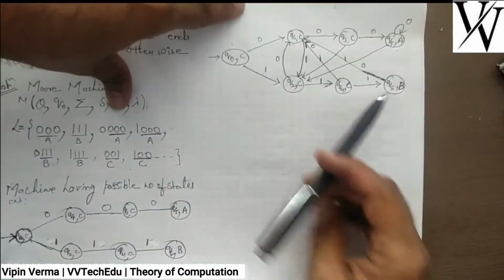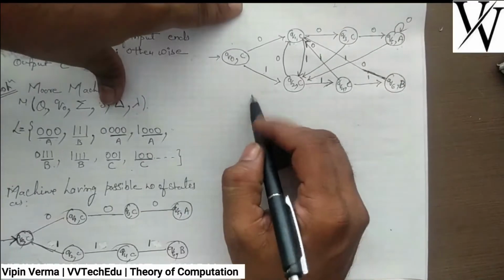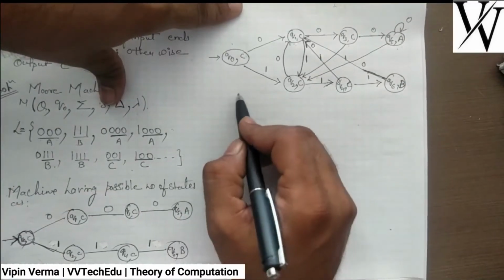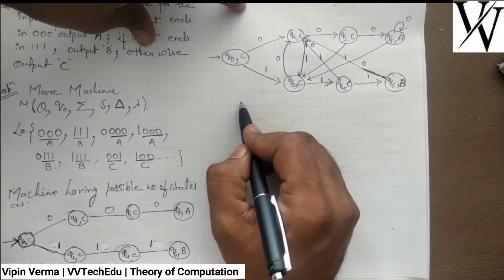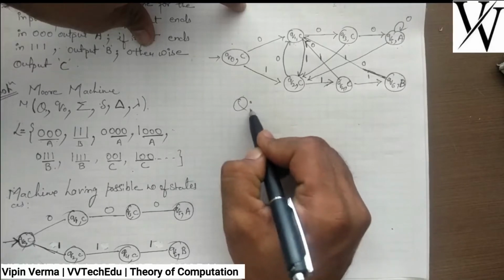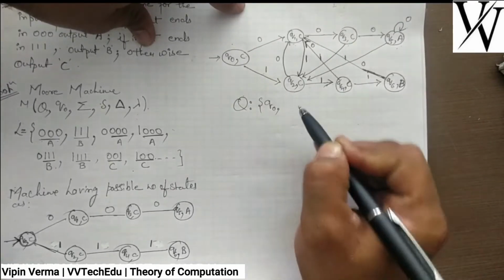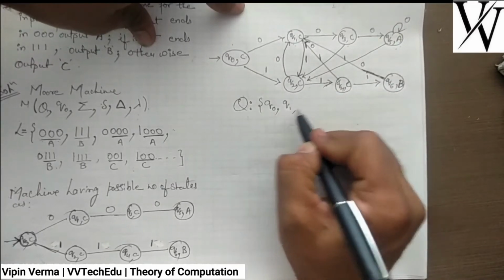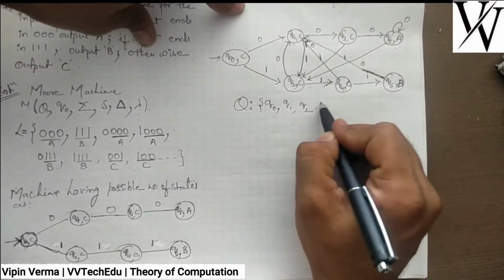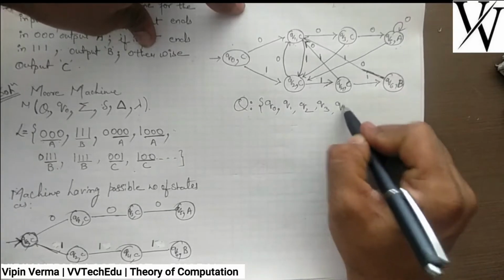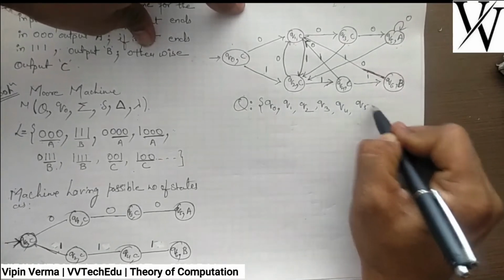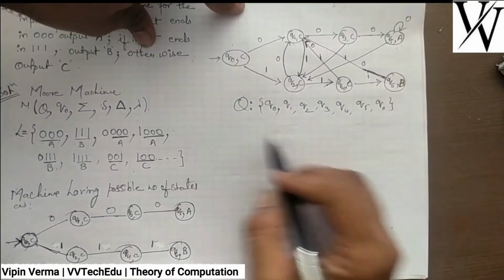Okay, and we can define that Mealy machine. Set of states as Q0, Q1, Q2, Q3, Q4, Q5, Q6.